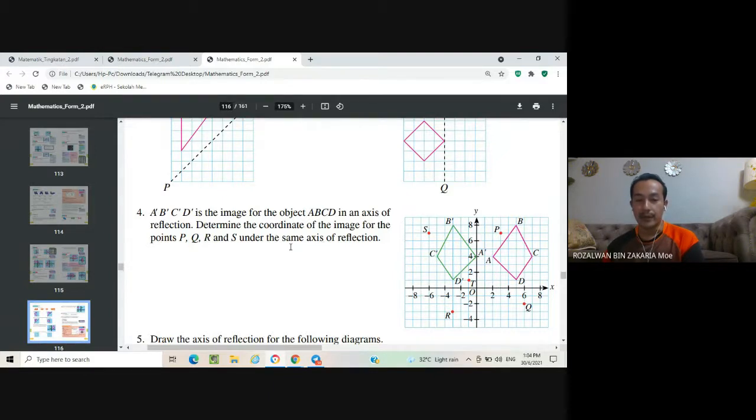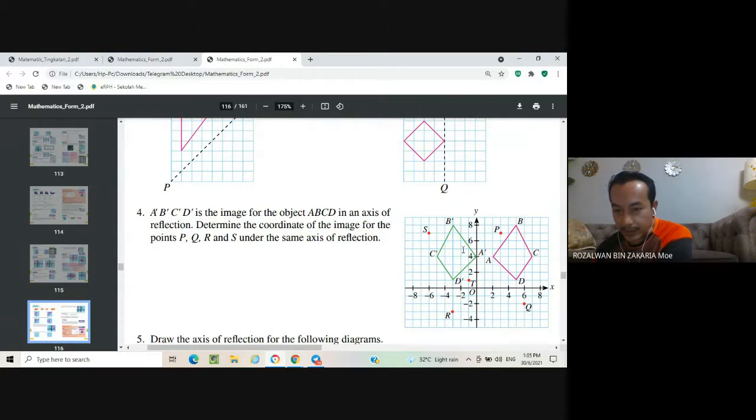Actually, first you have to determine the axis of reflection for the reflection of object A, B, C, D. I will show you how to find the image for the points P and Q. So firstly we have to find the axis of reflection.